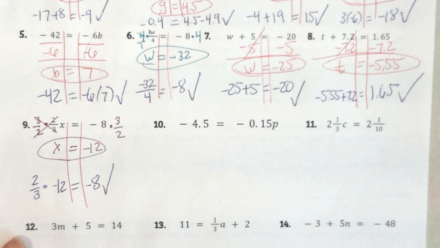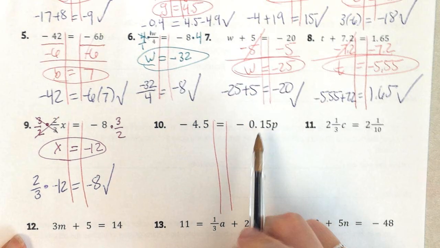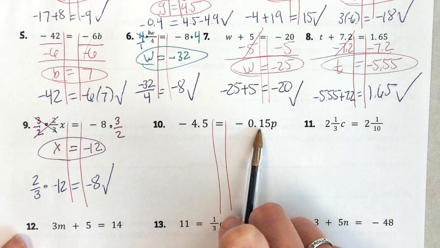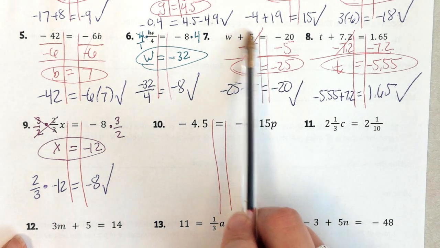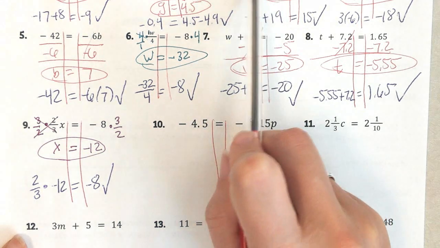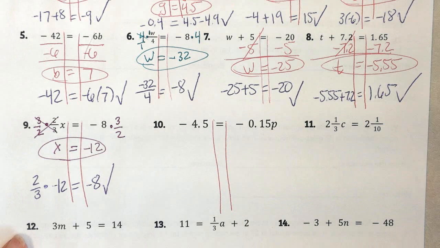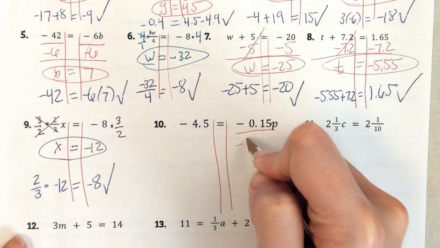Again, this one was just like number 4 and number 5. Please make sure you understand that this is a coefficient, not a constant. If it was a constant, a number by itself, you could do subtraction or addition. But since it is a coefficient, you have to multiply or divide. This one, since you're already multiplying, the opposite would be division.